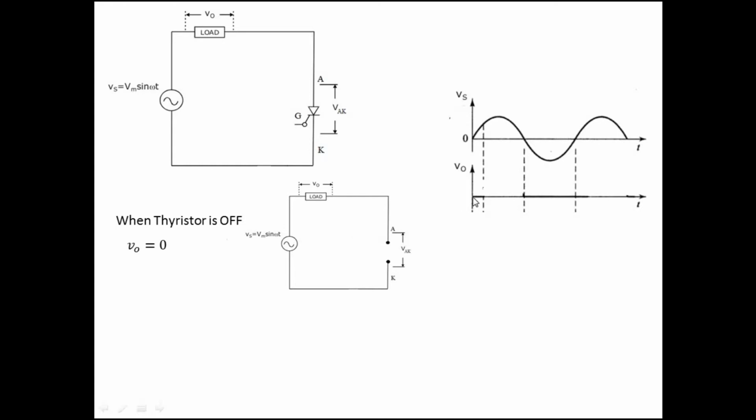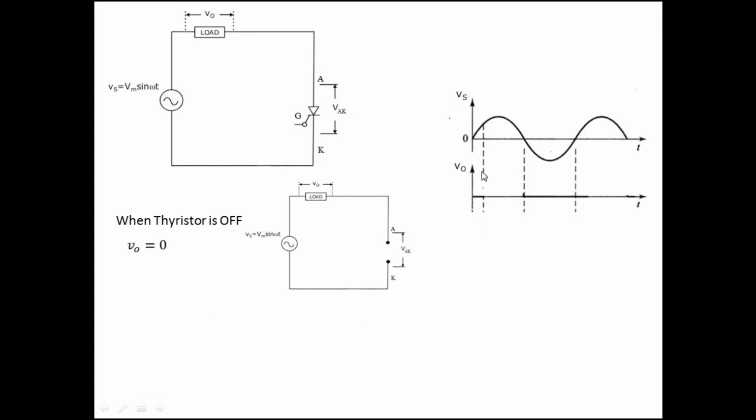Up to this point, we are keeping the thyristor in off position, which means we are not giving any gate pulse. When the gate pulse is 0, the thyristor is in off state, so the output voltage is 0 up to this point according to this equivalent circuit.